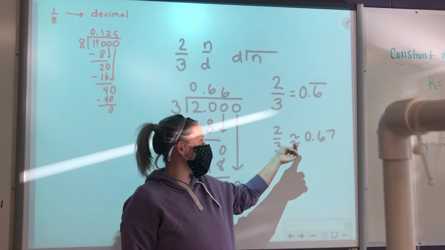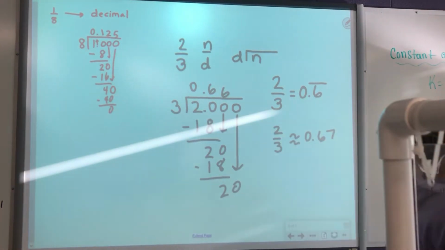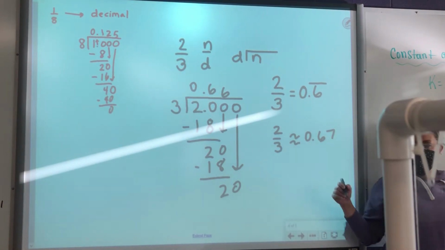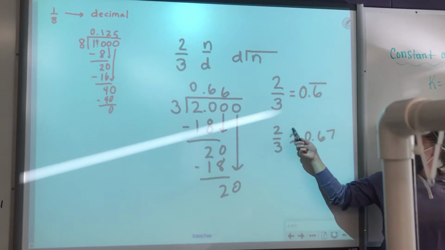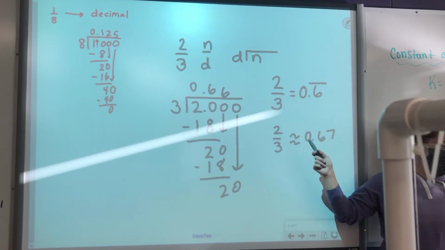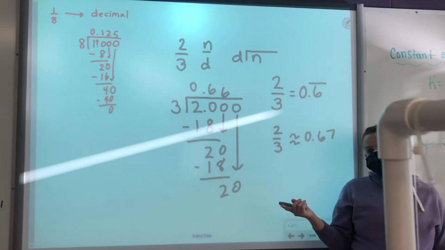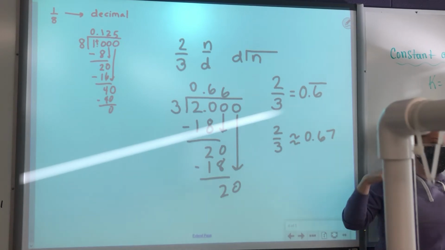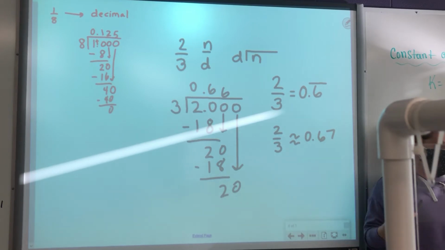On a state test, that symbol is not available. On an SAT and an ACT, that symbol is not available. On a handwritten test, you could definitely use something like that. And we use this a lot in geometry, especially when we're dealing with circles, because we use pi, and pi is a non-terminating, non-repeating decimal. It's an irrational number, so we can't get an exact value.